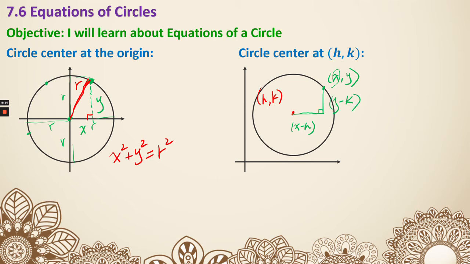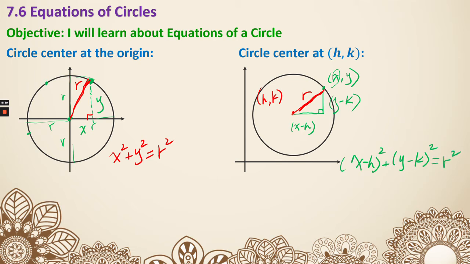And that is still a right angle, which means I can still form a right triangle if I connect these two points. That is my radius. Which is why, if a circle is centered at (h, k), I can still write down the Pythagorean theorem: (x minus h) squared plus (y minus k) squared equals r squared.